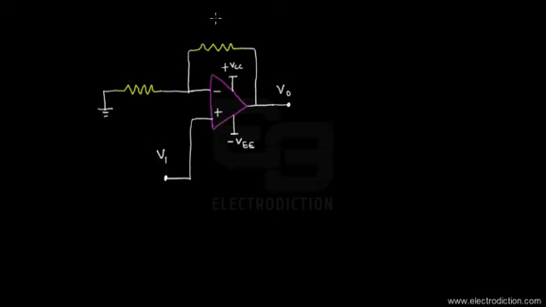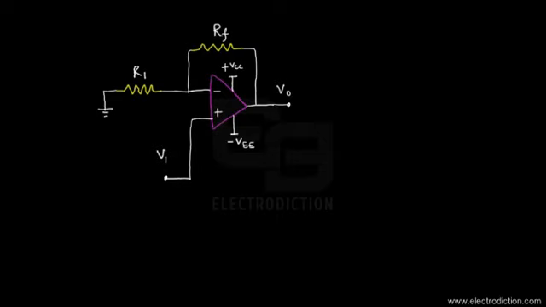As you can see, we've connected the resistors. This is the feedback resistor RF, and this is the inverting input resistor, let's call it R1. Here we're going to provide the input to the positive input of this op-amp. Let's call that V1.